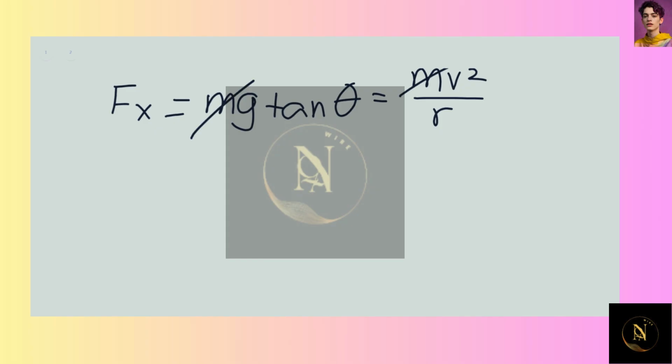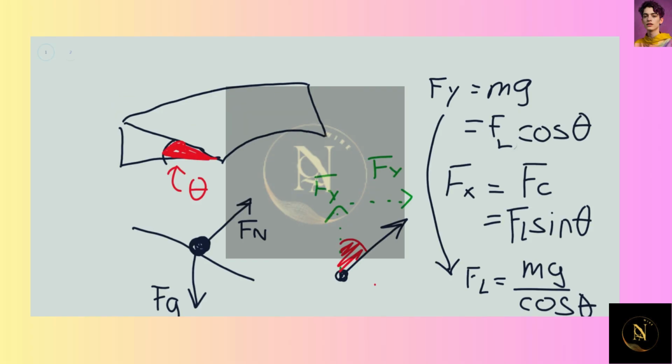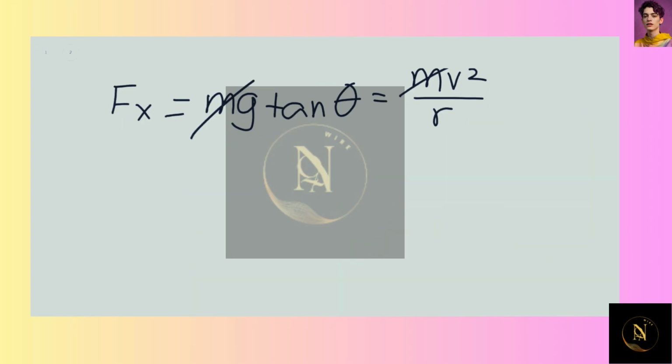And even though FL isn't in our problem anymore, as we know from earlier, FL is equal to mg over cos theta. So we are going to solve the equation that we have now for theta in order to solve the problem as a whole. So let's rearrange to isolate tan of theta and get that tan of theta equals v squared over r times g.